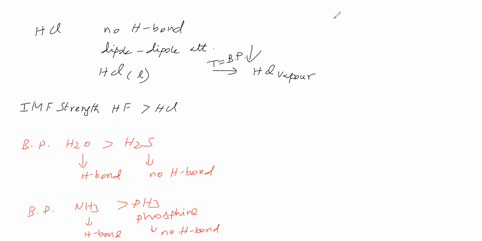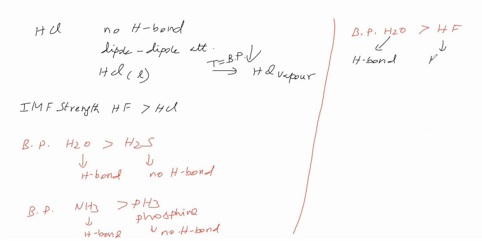Next, we will see the boiling point of water and HF. The boiling point of water is greater than the boiling point of HF. In water, hydrogen bonding is possible. In HF also hydrogen bonding is possible. In water, hydrogen bonding is there. In HF also hydrogen bonding is there. Okay.